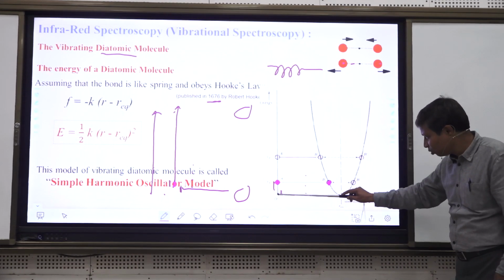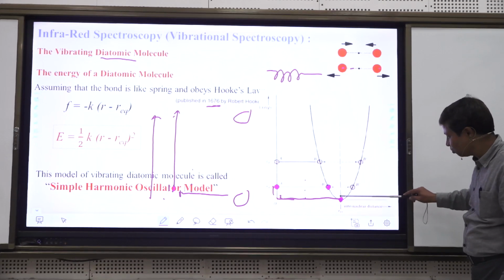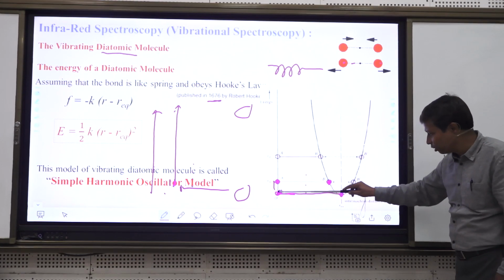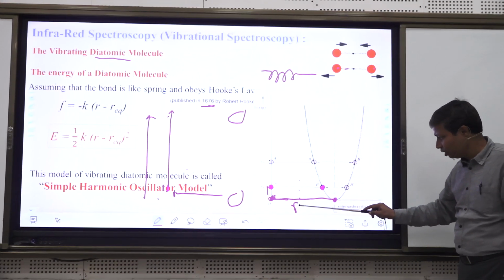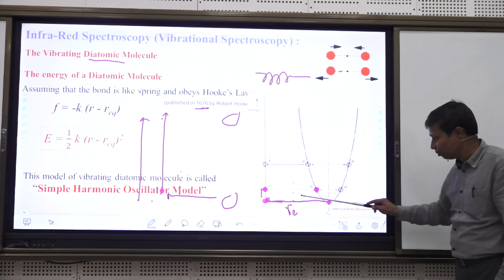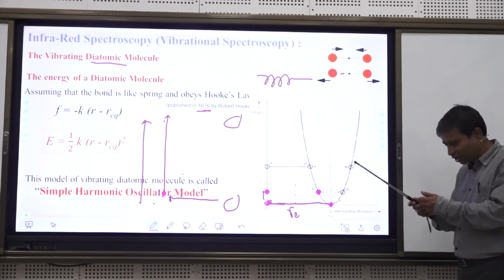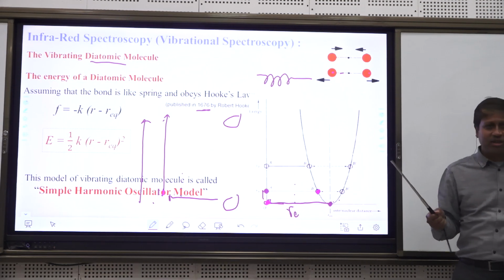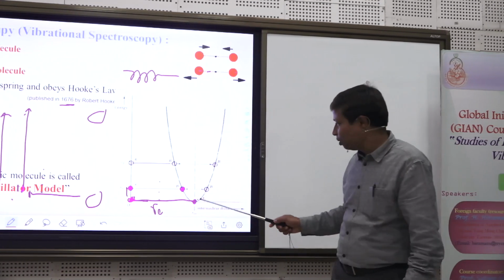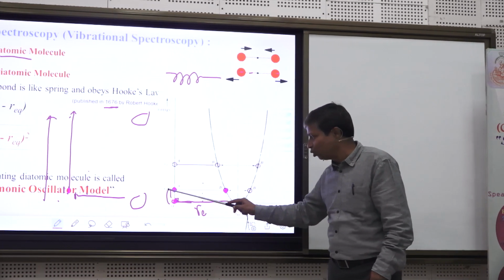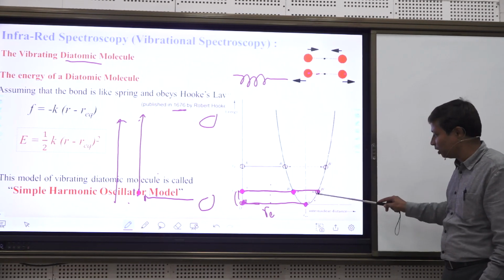This is the stable position, called R equilibrium, the bond distance. Now when you stretch it, that is not a stable position. That means the system has more energy. So the system got more energy, and the stretched one is this one.